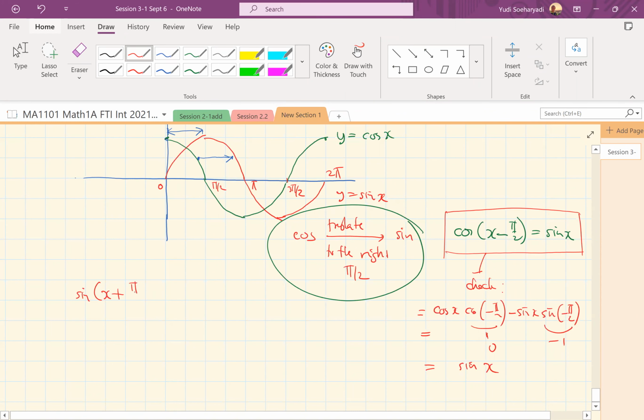Yes. So sine x translated to the left, you get cosine, and you can check that also. So you can get quite a few identities just by doing transformations, translations, for example, on sine and cosine.